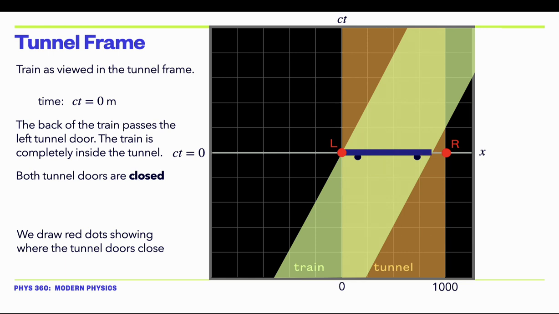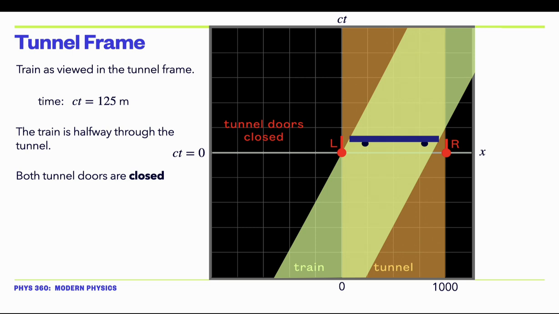At this point, once the left edge of the train goes into the tunnel, we shut the left door of the tunnel, and we also shut the right door of the tunnel. So these are going to be our two space-time events marked L and R that we're going to be using in just a minute. From this time forward, the left door and the right door are both closed, and the train is completely trapped inside the tunnel with both doors closed.